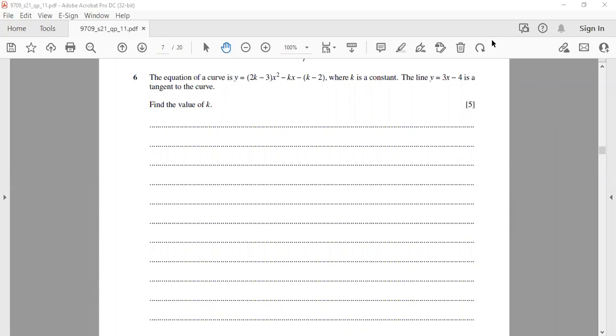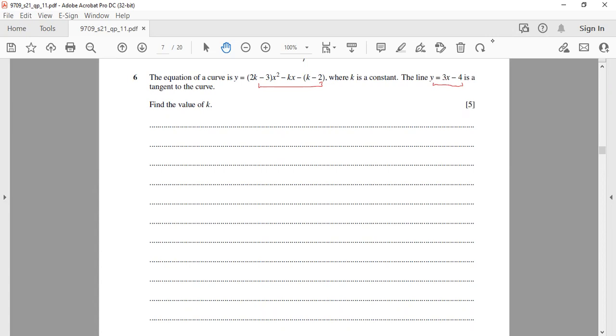Okay. For question number 6 now, the equation of a curve is this, y is equal to this, where k is a constant, and you are given a line, this, which is a tangent to the curve. Okay, you're asked to find the value of k.